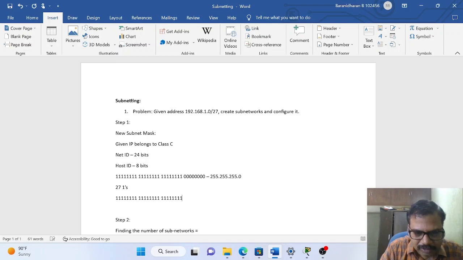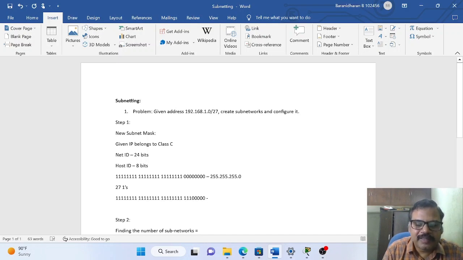As usual in finding the subnet mask, 24 bits are 1, but now they have given the number 27, so 3 more ones we have to enter, and all of the remaining bits are 0. What are the remaining? 5 zeros will be there.